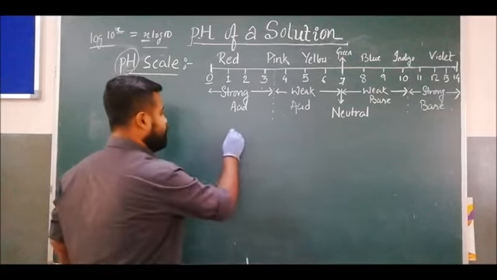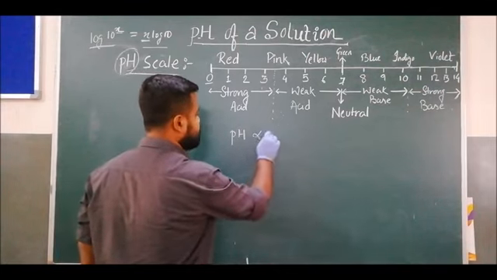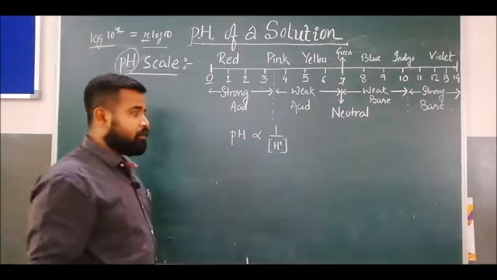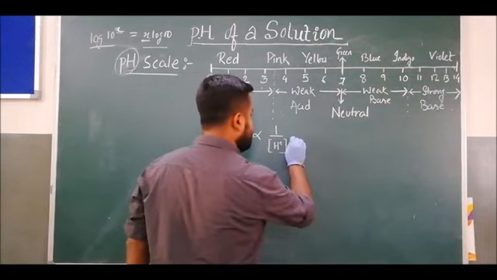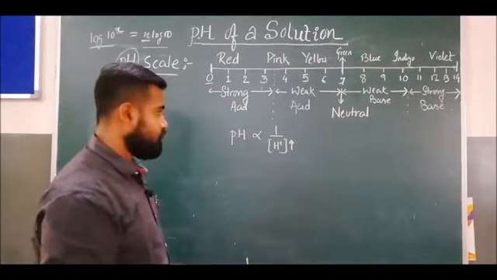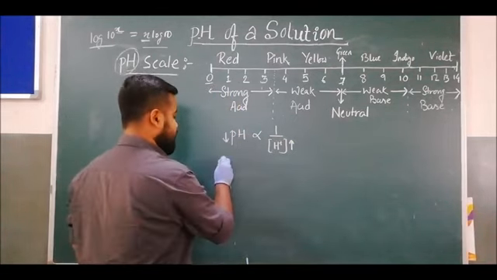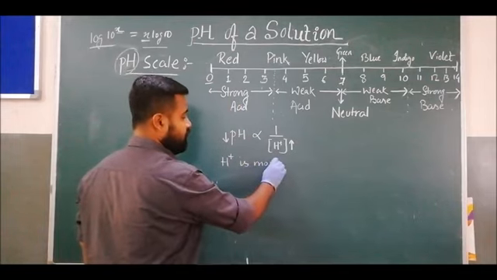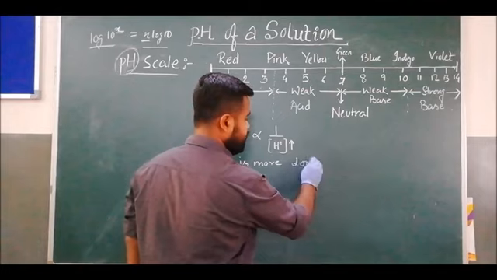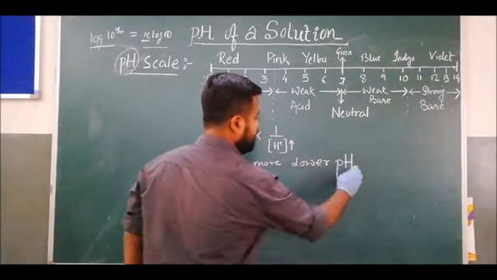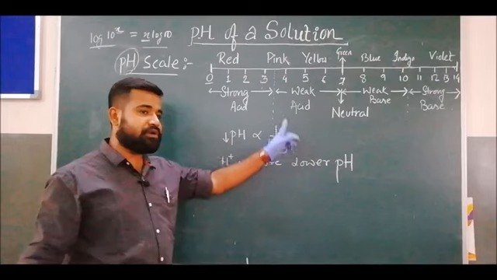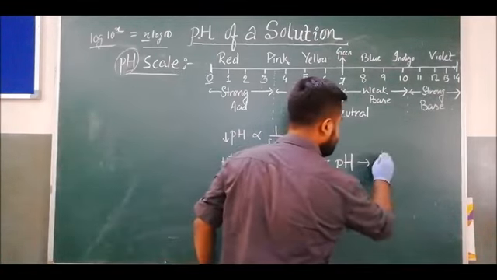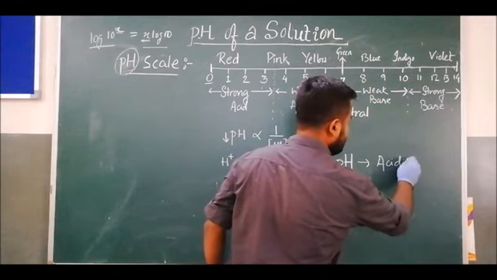As I have already told you, pH is inversely proportional to hydrogen ion concentration. It means when the hydrogen ion concentration is more, the pH is less. Whenever the hydrogen ion concentration is more, the pH is lower, and lower pH means an acidic solution.